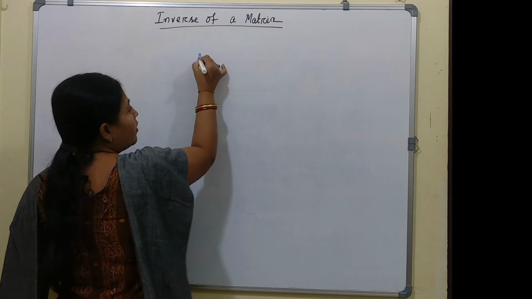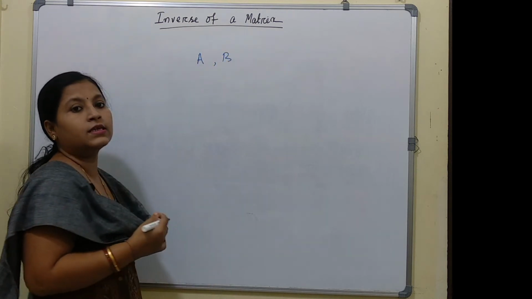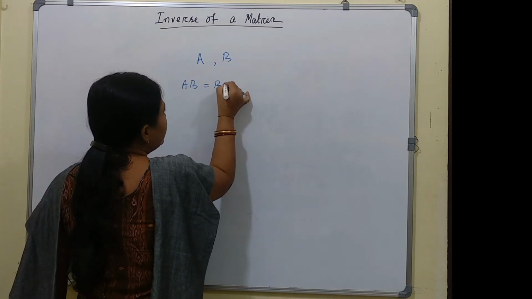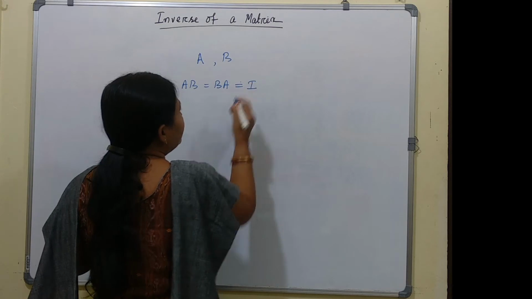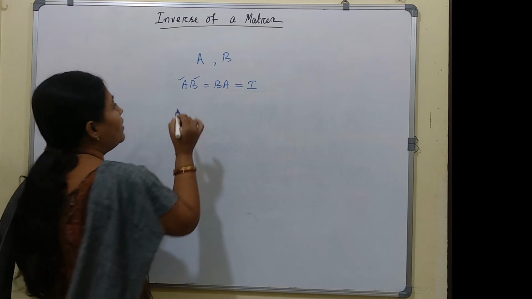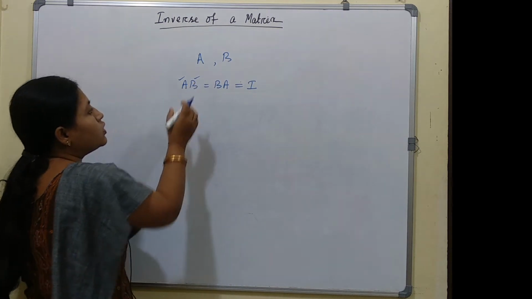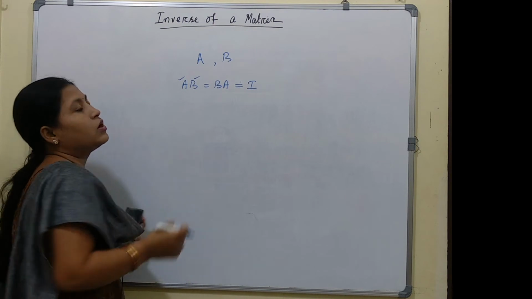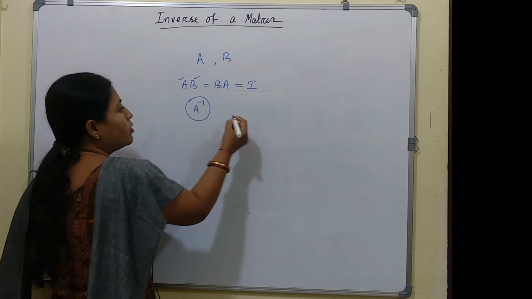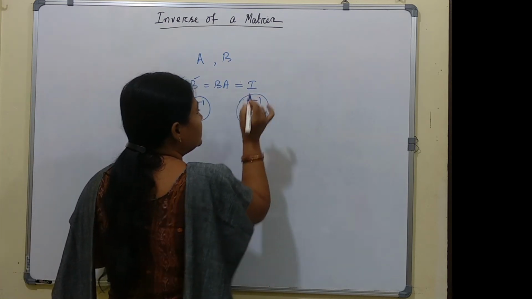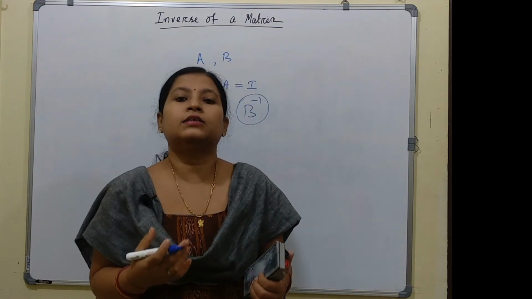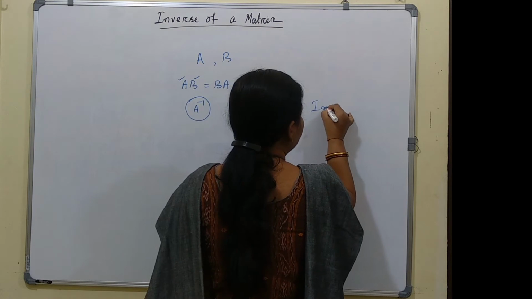If A and B are two square matrices of the same order such that AB equals BA equals I, where I is the unit matrix of the same order as A or B, then A is called the inverse of B and B is also called the inverse of A. Symbolically, these are written as A inverse and B inverse. A matrix whose inverse exists is called an invertible matrix.